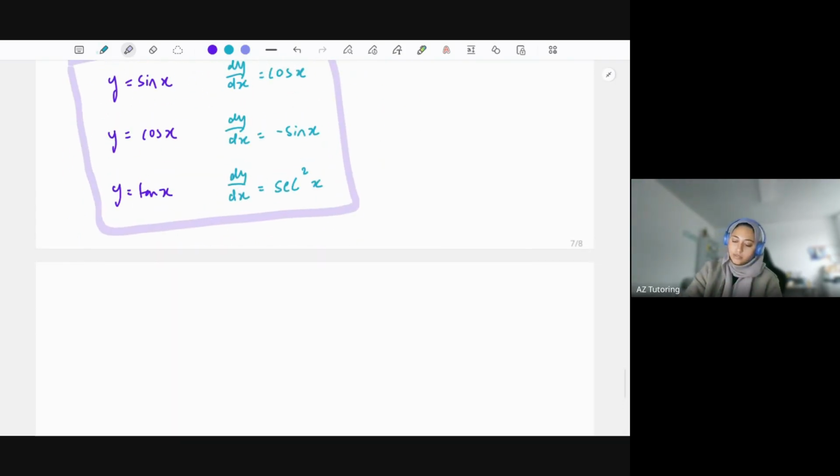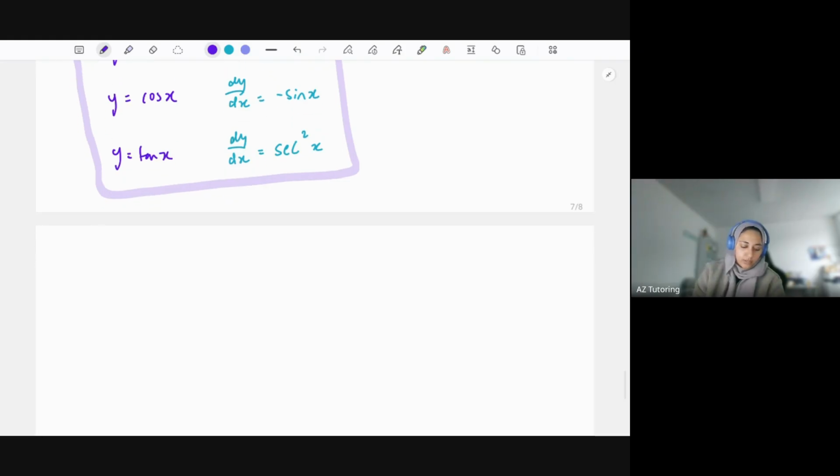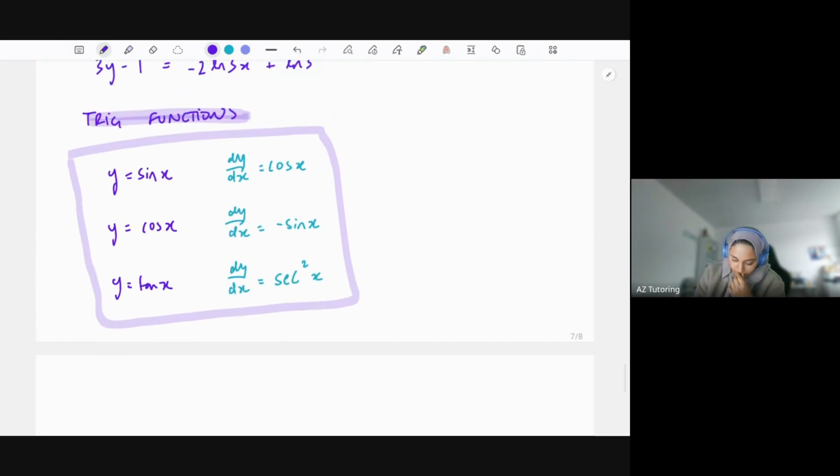So let's see examples again. One thing to note as well is if I've got a number in front, just to give an example, if I had y equals sine 2x, that's technically a function in a function, so really you should use chain rule, but just to save time, the generic rule is that you differentiate this, so the differential of 2x is just 2.